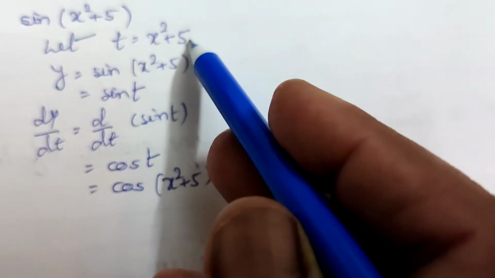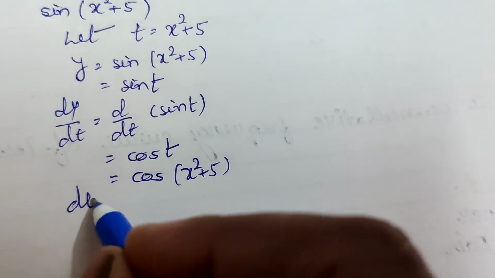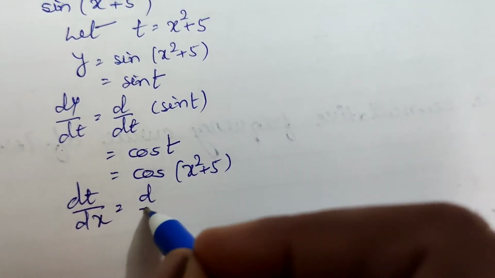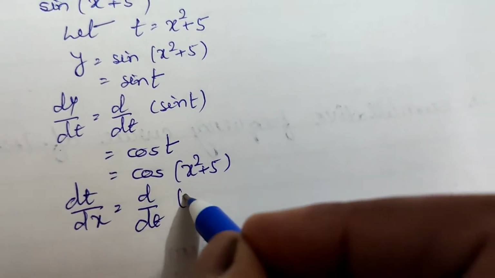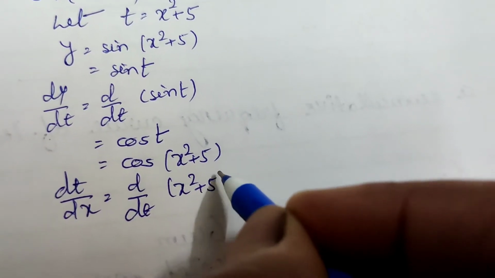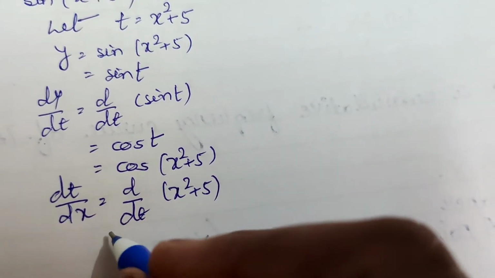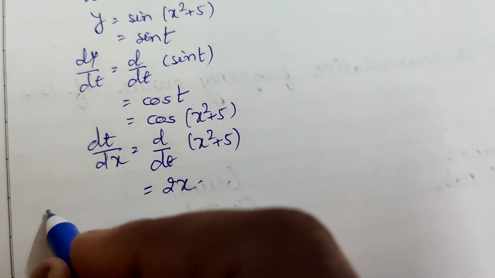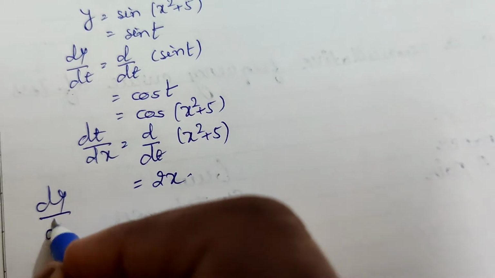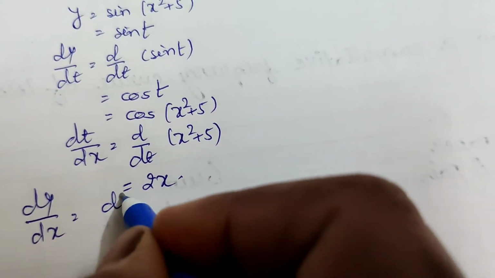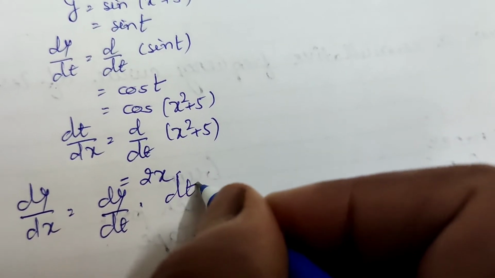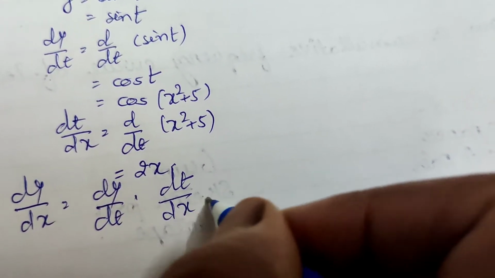And t equal to x square plus 5 means dt over dx equal to 2x, or d over dx of x square plus 5 is equal to 2x.